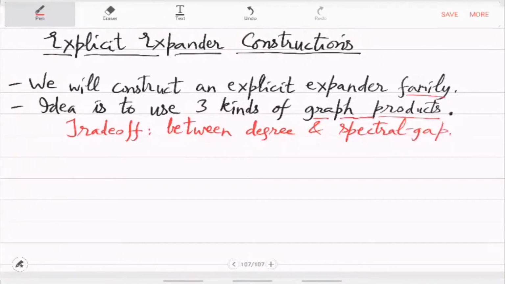So trade-off means that in these operations, if you want the spectral gap large, you can achieve it by increasing the degree. But then you cannot afford too big a degree because you want degree to be constant. And you also want spectral gap to be constant. Both of them, you want them to be constants.